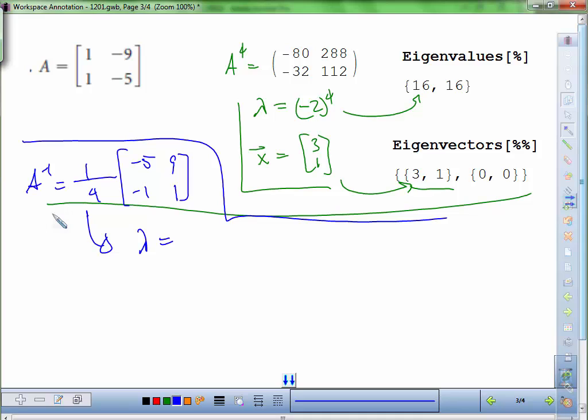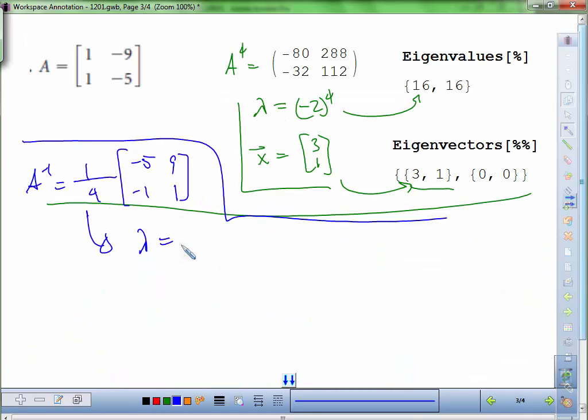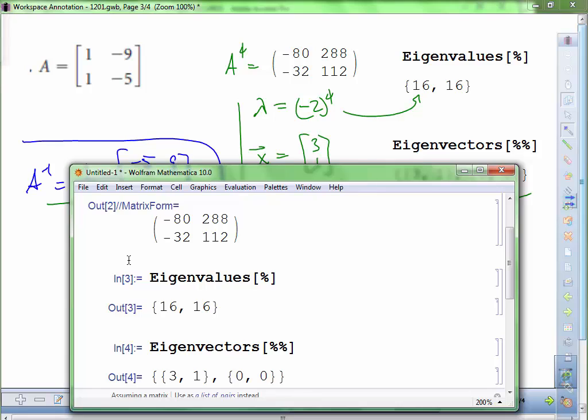This is the inverse. So according to our theorem, the eigenvalue of the inverse should be the reciprocal of your current eigenvalue, so negative a half, with a corresponding eigenvector that's exactly the same.